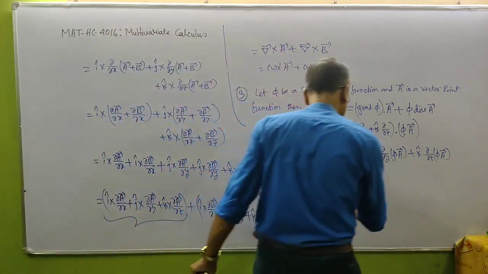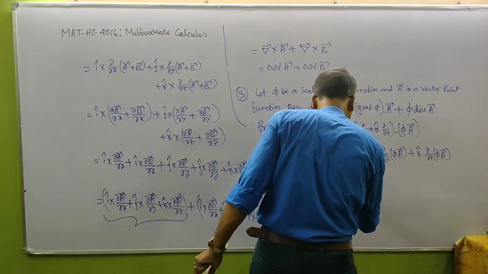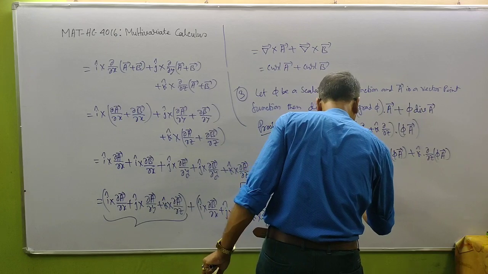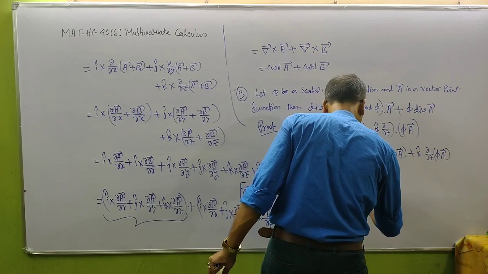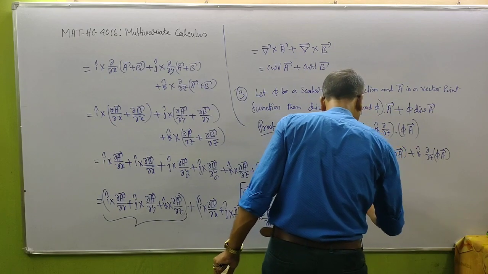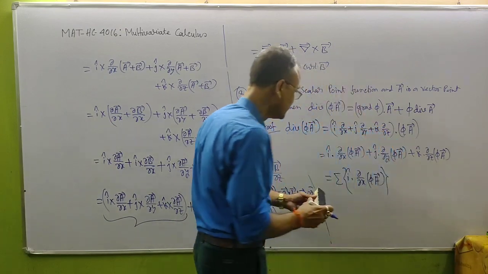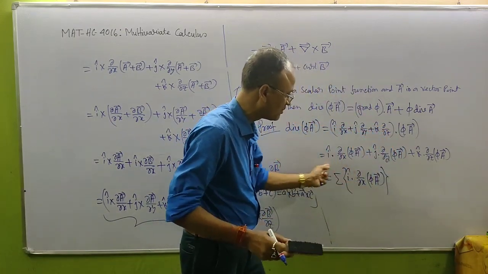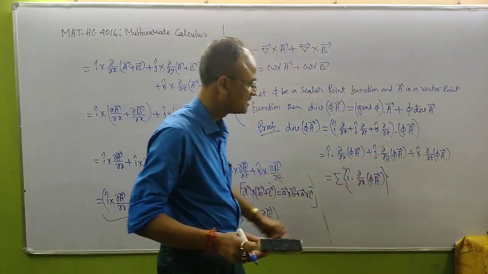You may write it as a summation of i cap dot ∂/∂x of phi A vector. Summation of this stands for these three terms.